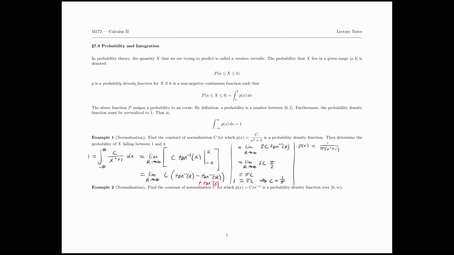All right. So now we are asked to determine the probability of the random variable x falling between a value of 1 and 4. So the probability of x, our random variable, between 1 and 4, we'll get used to this notation, is going to be equal to the integral from 1 to 4 of our probability density function.